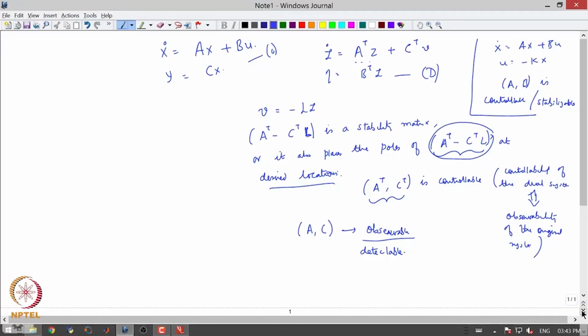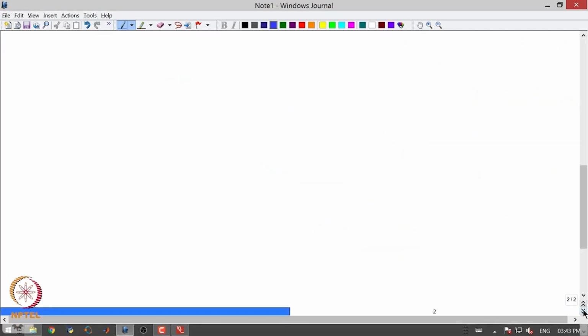Okay, so what do I have is x dot is Ax plus Bu, and say y is Cx plus du, and a stabilizing controller of the form u equal to minus kx, and the observer or the state estimator looks something like this: x hat dot is A x hat plus Bu minus L times (y hat minus y), and the output looks something like this.